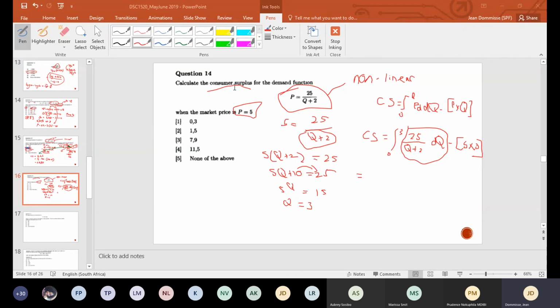I also cheated on this one just because I didn't want to work it out. So the answer is 7.9, and nearly, if you work back, that would have minus 15. So obviously that answer would be 15 plus 7.9, which would have been 22.9.